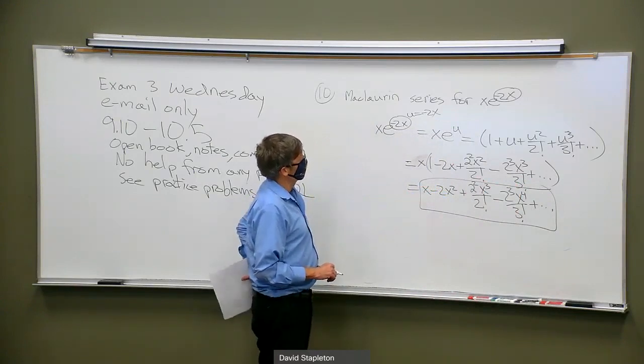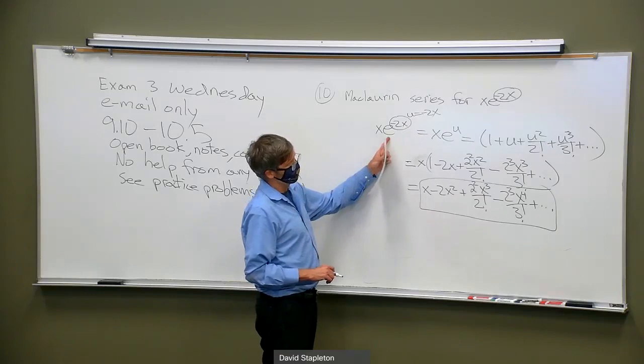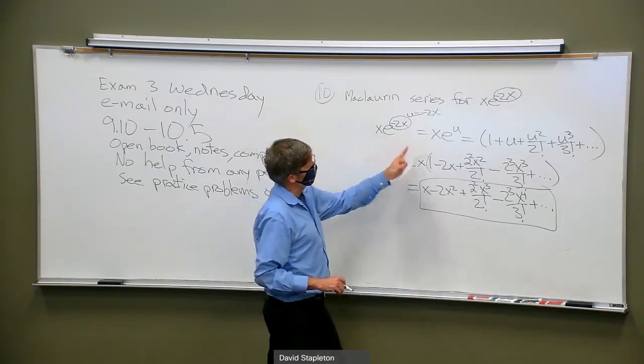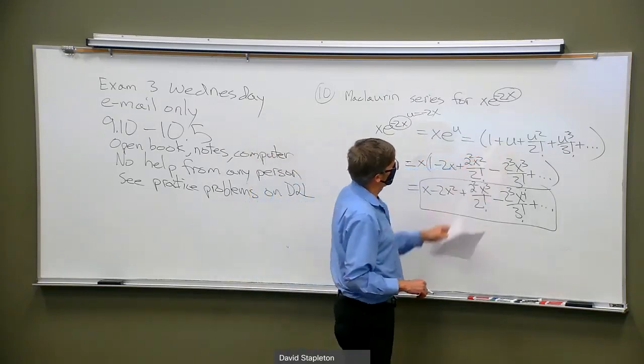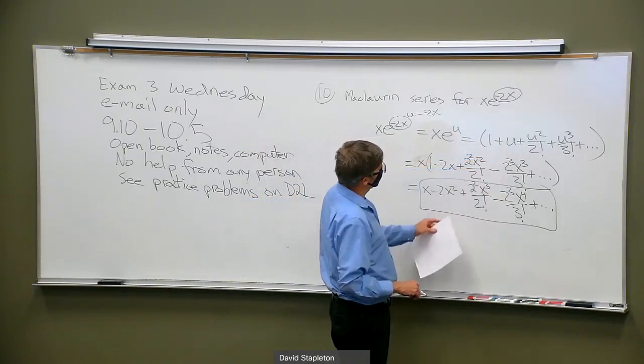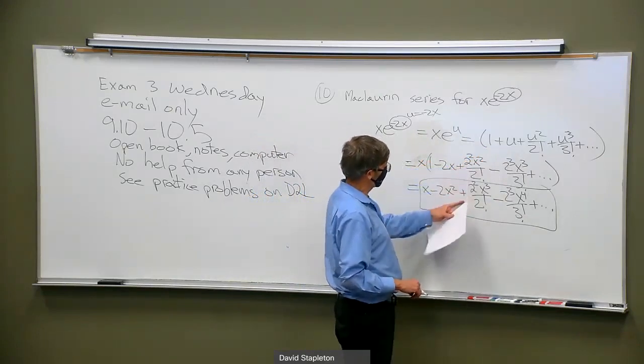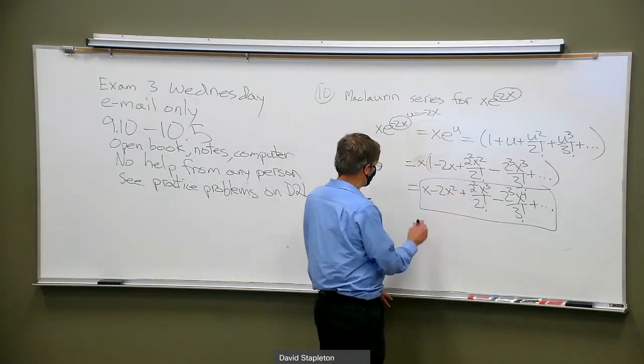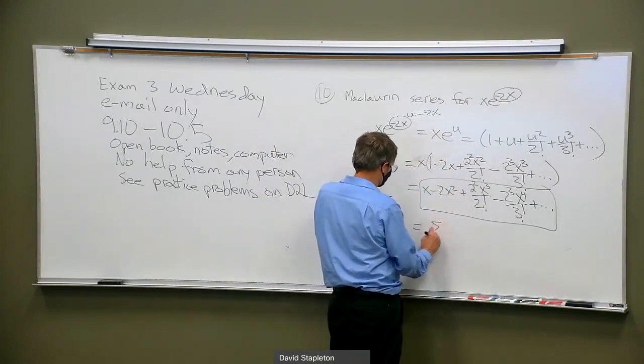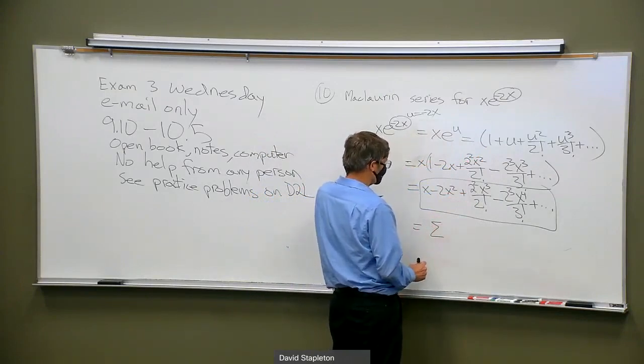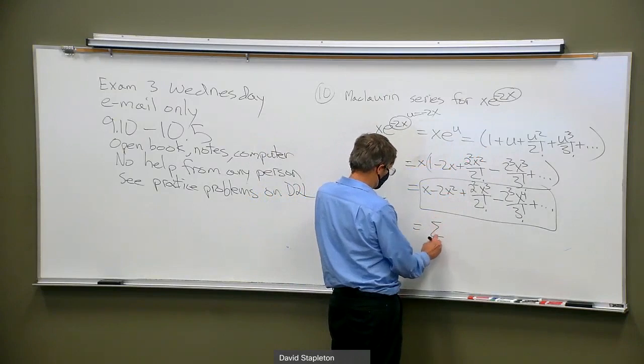You can also do this from the sigma notation for this series if you prefer. But either way, if you do the sigma notation, you can convert it to here. And if you get it to here, you can see that if you wanted to write it in sigma notation, you could write this as sum n equals 1.